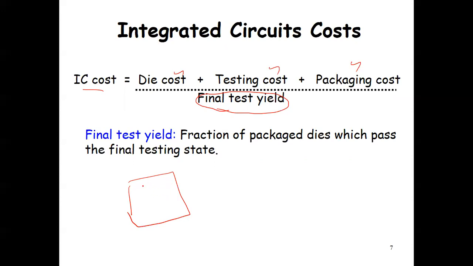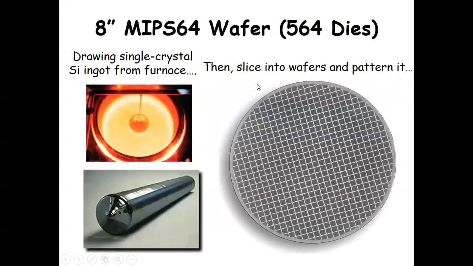After placing, you have to test it. When you test, some of the dies may fail; they may not work. Only some of the dies will pass the test. Whichever dies pass the test, that is called the final test yield. So the IC cost is calculated as die cost plus testing cost plus packaging cost, divided by final test yield, right?